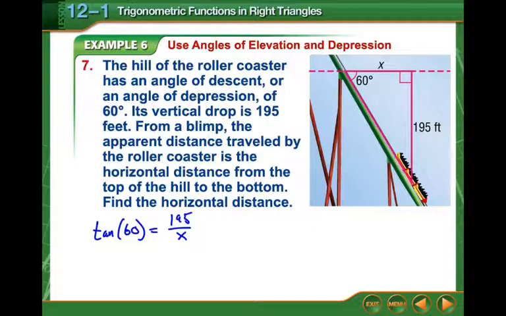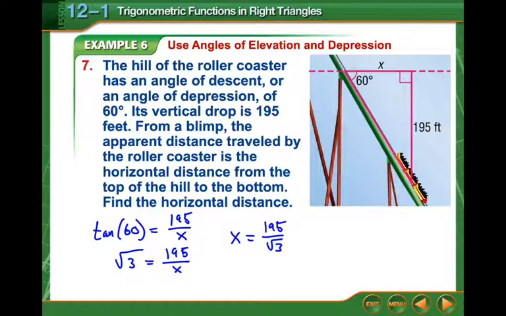Tangent of 60 is just equal to the square root of 3. So instead of having to worry about our tangent of 60, that's the square root of 3, equal to 195 over x, or x equal to 195 over the square root of 3. Now again, we can use a calculator, or if you want to leave it without rounding, you can just multiply by square root 3 over square root 3.